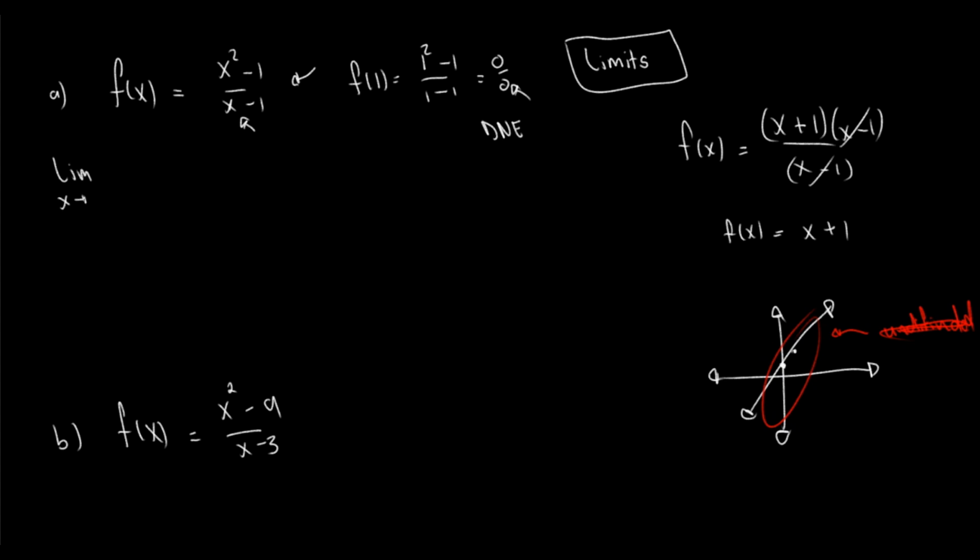So the limit as x approaches 1. Now, first things first, you never want to direct substitute, okay? Direct substitute means you never want to put this 1 just directly into the equation. You first want to see if it is factorable, meaning can you break it up? x minus 1. So yes, I can. So the limit as x approaches 1, I can break this up to say x minus 1, x plus 1 over x minus 1.